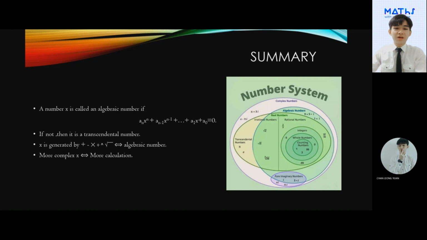Moreover, we can notice that any number generated by adding, subtracting, multiplying, dividing, rooting, and squaring is said to be algebraic. Therefore, the more complex the algorithm that makes up s, the more steps are required to transform it to a polynomial with rational coefficients.